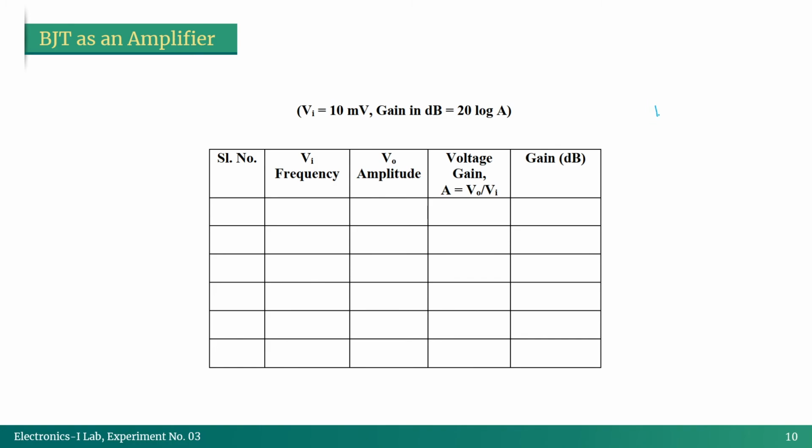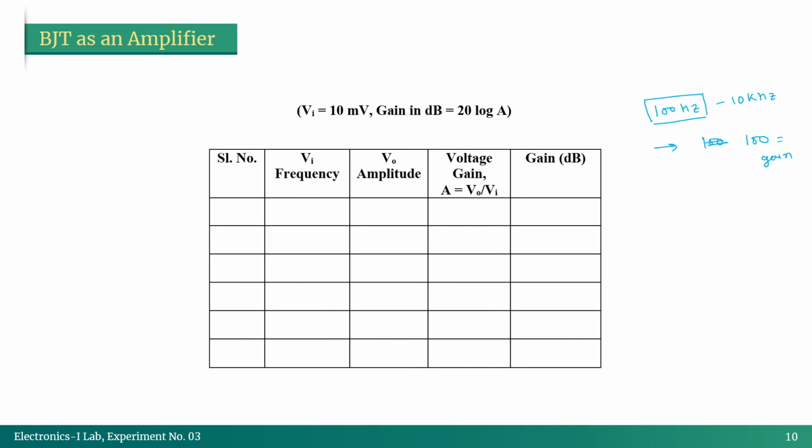For 100 hertz right now, I have said that maybe we are getting a gain of 100. So whenever we are giving 100 millivolt, we are getting 10 volt at the output. It is not true for all frequencies. After we change the frequency to a different value, let's say 10 kilohertz, maybe the output will be different.